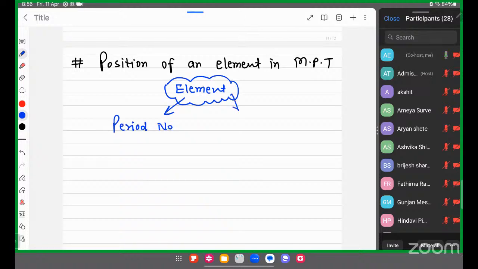And second, what is its group number? At the intersection of the period number and group number, there will be a slot, and this slot will be the position of the given element, whatever the element may be. Now the question is how to find out the period number and the group number.